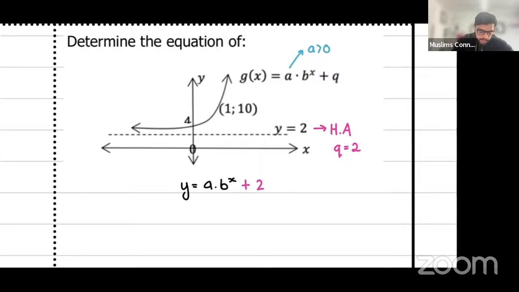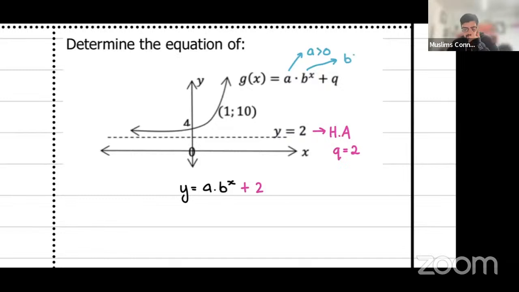We also know b. Since the graph is above the asymptote, meaning a is greater than 0, and it's increasing, b should be greater than 1. We don't know its exact value, but for now we know just that.